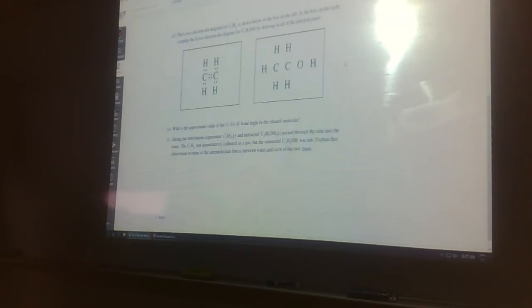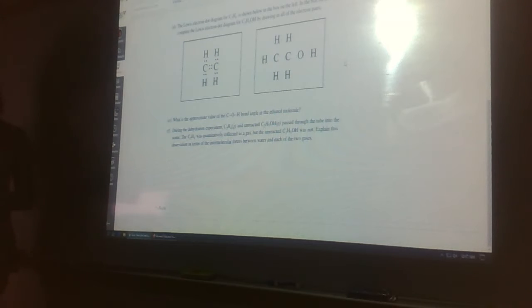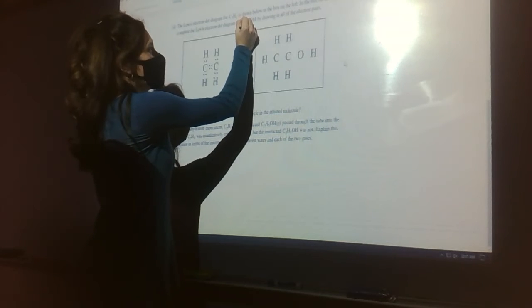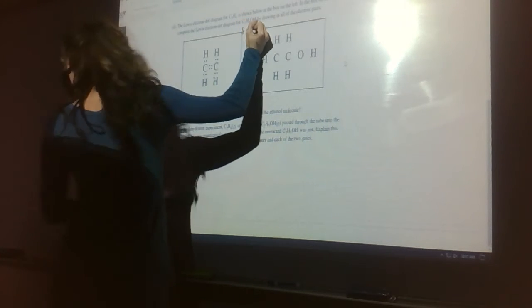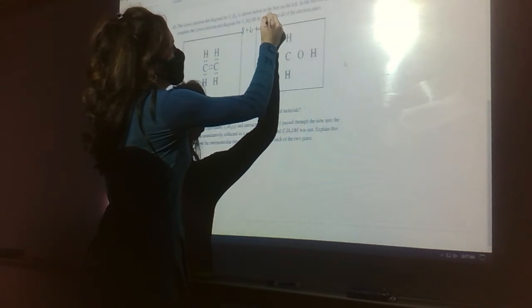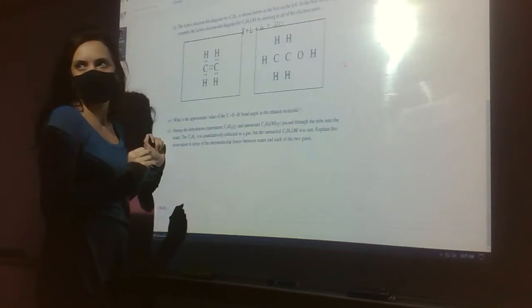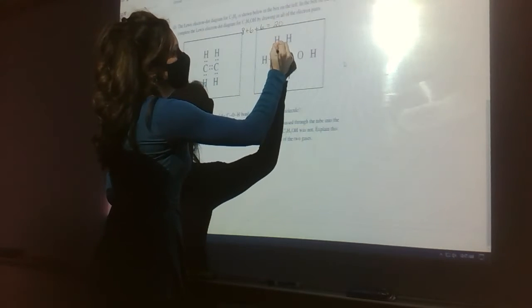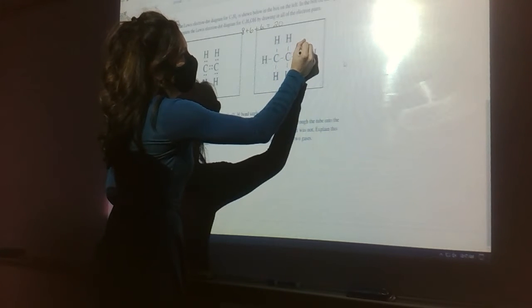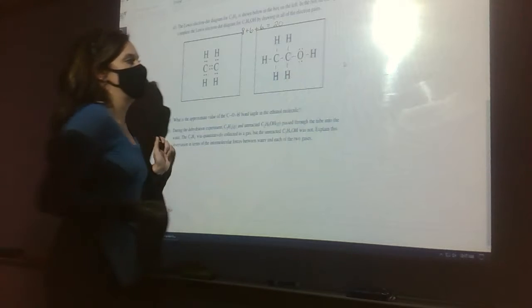Sorry. Part D. The Lewis electron dot diagram for C2H4 is shown below in the box on the left and the box on the right. Complete the Lewis electron dot diagram for C2H5OH. So each carbon has 4 valence electrons, so 8 from carbon, 6 hydrogens, 6 from oxygen. I have 20 to work with. 2, 4, 6, 8, 10, 12, 14, 16, 18, 20.